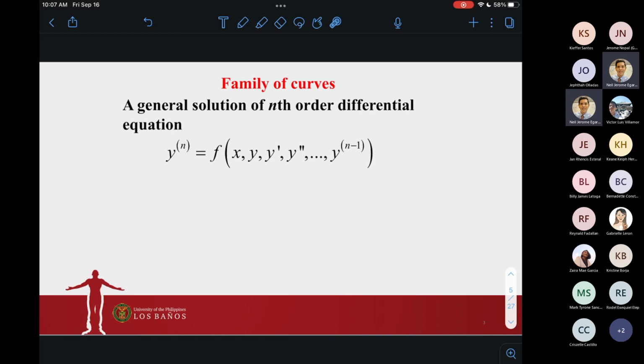All right? So makita natin siya dyan, tapos kaya natin siyang i-isolate sa isang side ng equation. That's what we call the explicit form of the ODE. Right? So yan yung explicit form. And then if it exists, yung solution na yon, yung general solution, ay kaya nating isulat in terms of this.